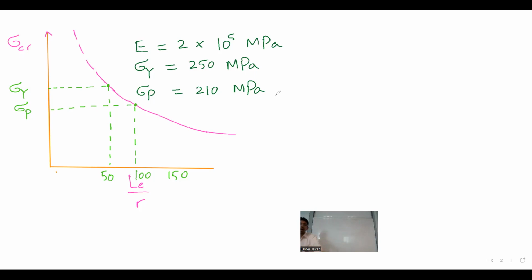But if the LE over R value comes way less than 100, like 60, 70, 75, it will fail under yielding. But if the LE over R is 95, 97, 98, in the vicinity of this critical value, then it will fail in a combination of buckling and yielding, and that is a little complex behavior, which I will see if I can cover or not.